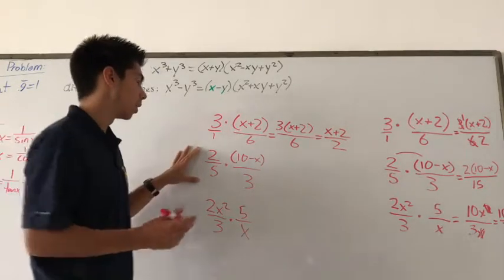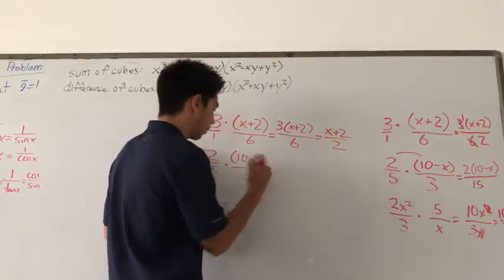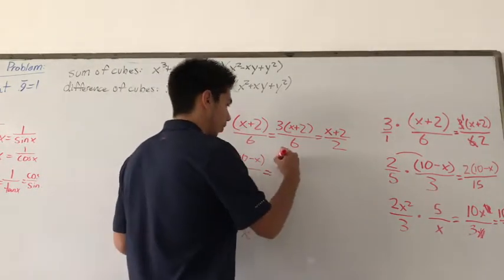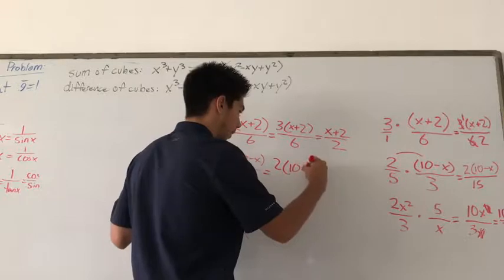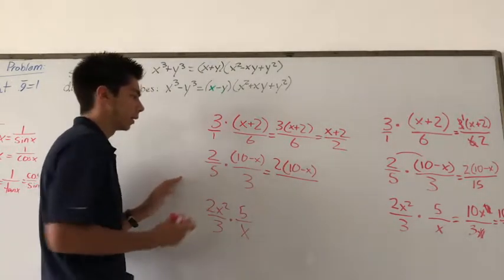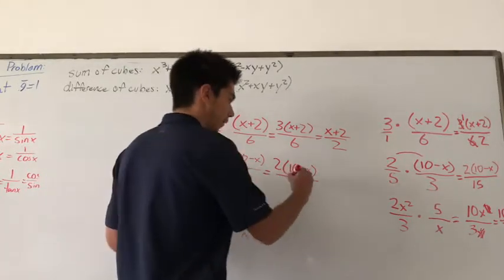For this one, I'm going to do the same thing. I'm going to multiply my numerators. I'm going to multiply my denominators. So I'm going to do 2 times 10 minus x. And then 5 times 3 is 15.